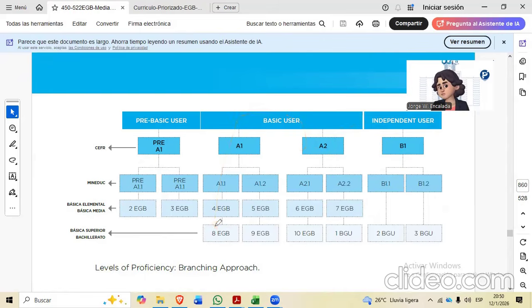But if you pay attention to the first part, this is what we call in curriculum design dimensions or curriculum design elements: continuity. So they reinforce, they practice, but they go into a deeper level.